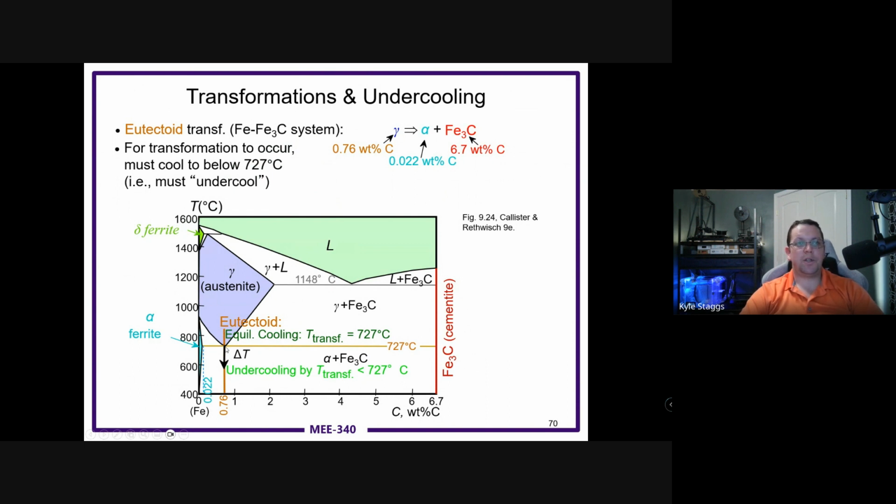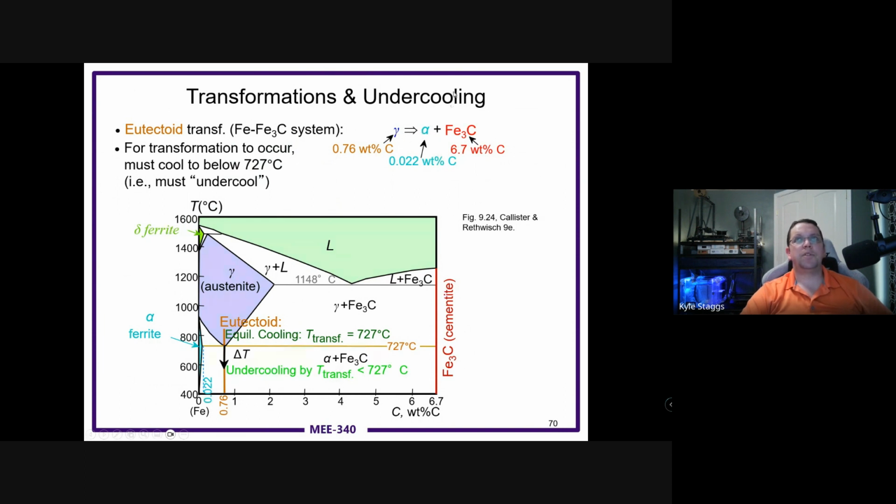So again, how much time it spends at what temperature will help tell us whether or not it was equilibrated. So you have to cool below the 727 in order for that phase transition to happen.